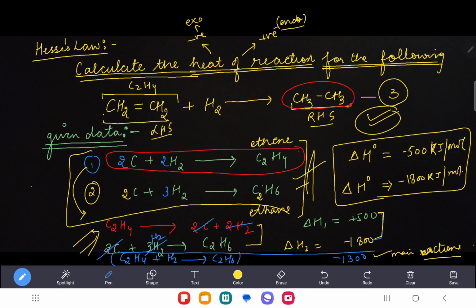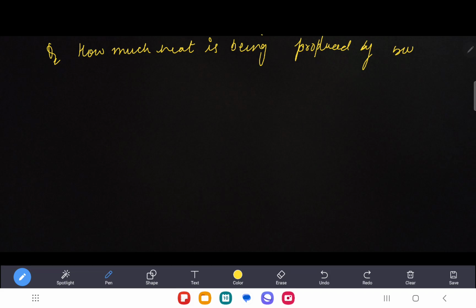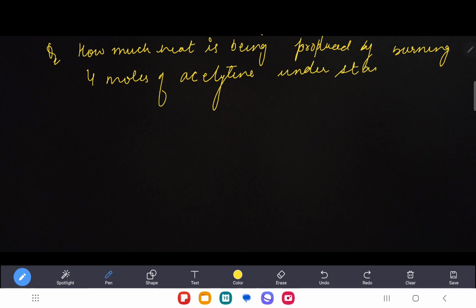It says: how much heat is being produced by burning 4 moles of acetylene under standard state conditions.